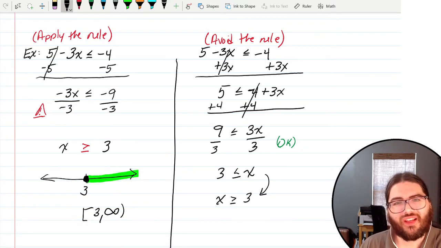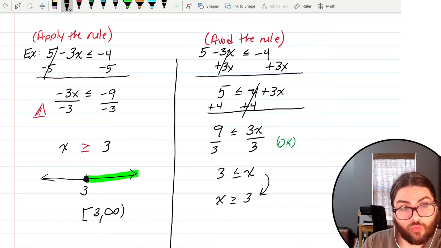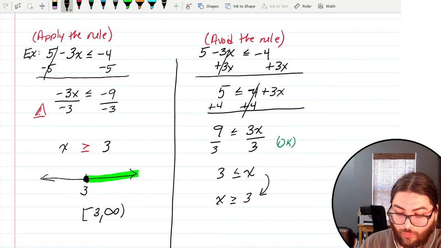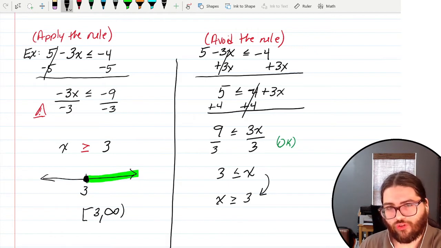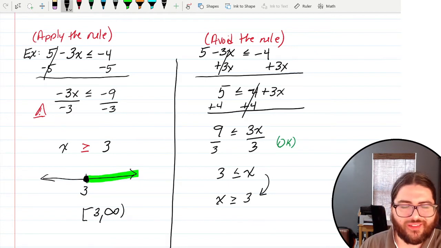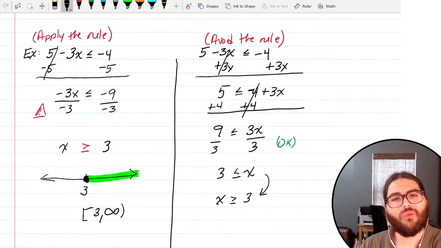We just had to decide if we were going to learn the rule so we could apply the rule when necessary. That's what we did on the left side of the screen, or we would have to learn the rule so we know how to avoid the rule when necessary. That's the right side of the screen.